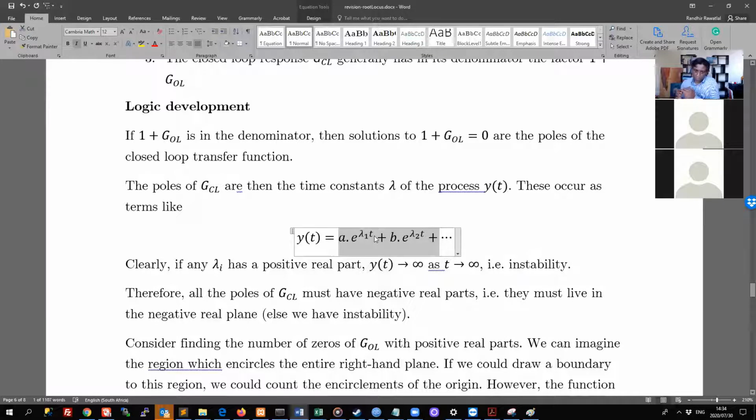And t is time. We can't stop time. Time is going to flow forward. And so as time increases, if you have a positive part there, that term is going to go off to infinity. And so our response goes off to infinity. So that's our definition of instability, right? Our output shoots off to infinity.